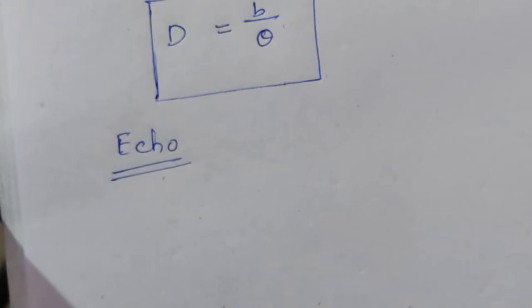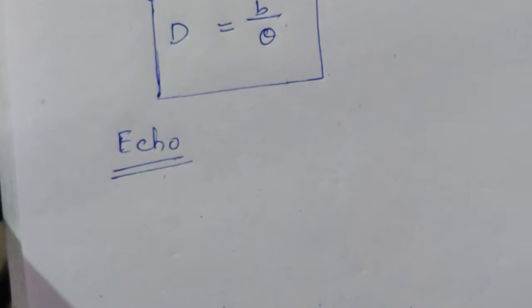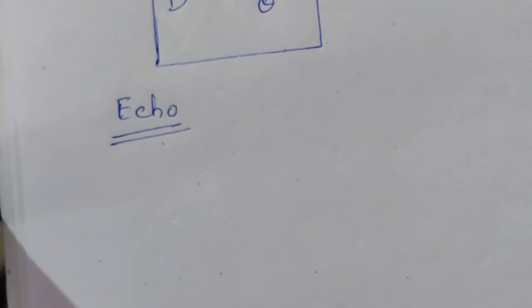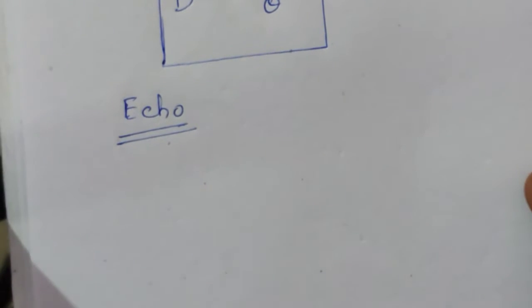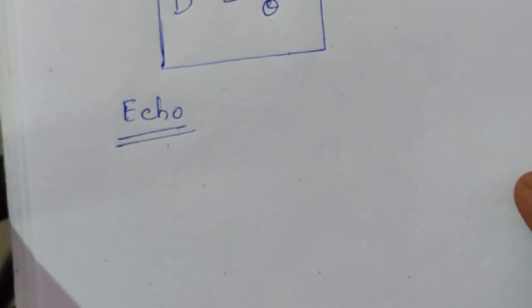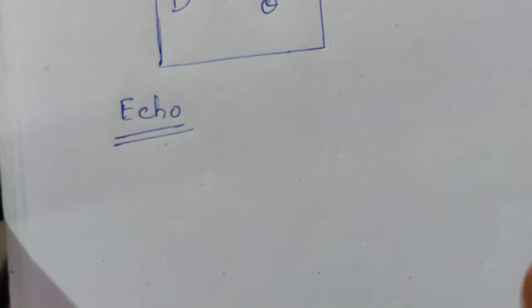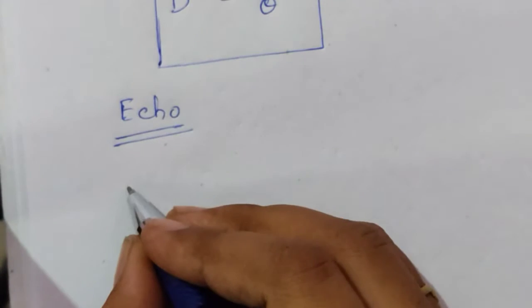Now, the echo method you must have seen in some movies, or you must have gone to some places where large mountains or large hills are there, and when you say something, you get an echo, or you hear your own voice, right? That kind of method is also used to measure distance. What distance? The distance of a hill from where you are standing.